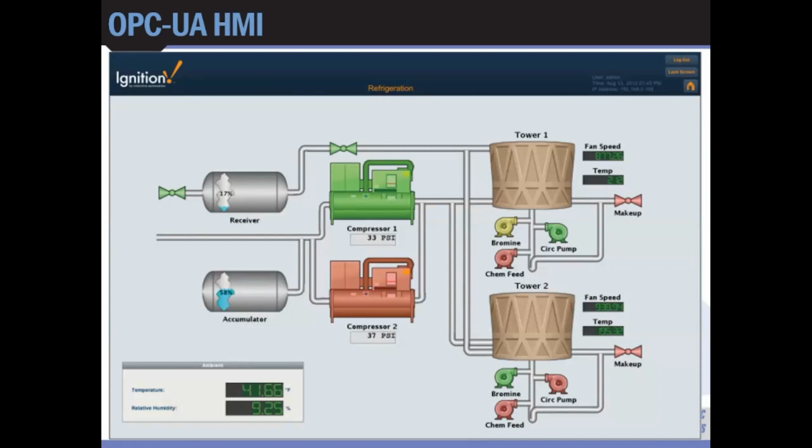The HMI is creating a very easily consumable way to view the data, so that while you're looking at this value, say 33 PSI, you know exactly what it is corresponding to, compressor 1 in this case. Now, this is just one example of using the Ignition software, but you could use any of those other software packages, whether it's Wonderware, Kep Server, Iconics, OSIsoft PI System, and I'm sure there's a lot more others out there.